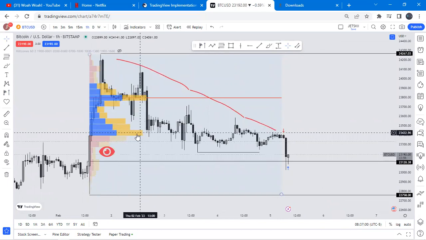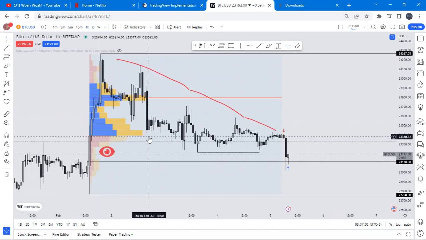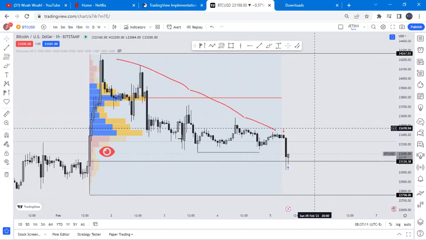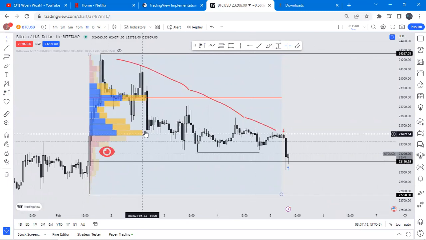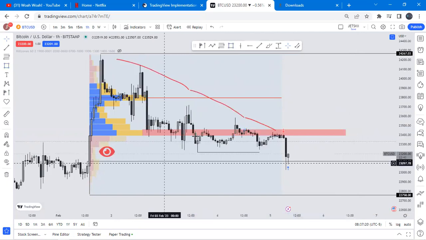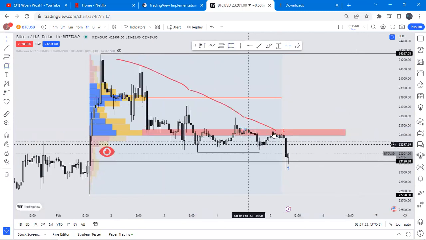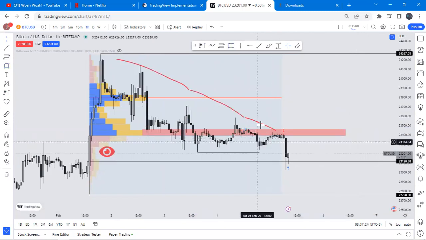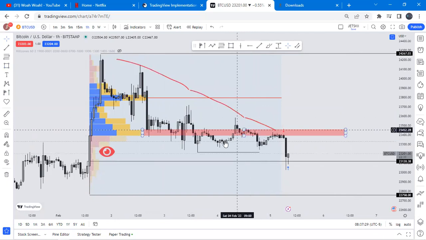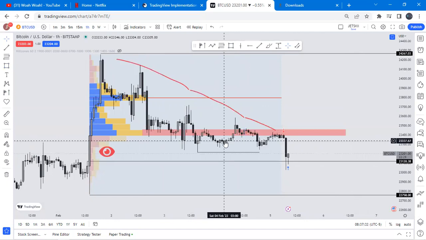If you have something like this, you could see we had large volumes at this area, right? Large volumes mean there's going to be a high level of, in this case, demand. Is it demand? Yeah, it's demand, right? At this area. Some can use the down candles. Is it demand or supply?